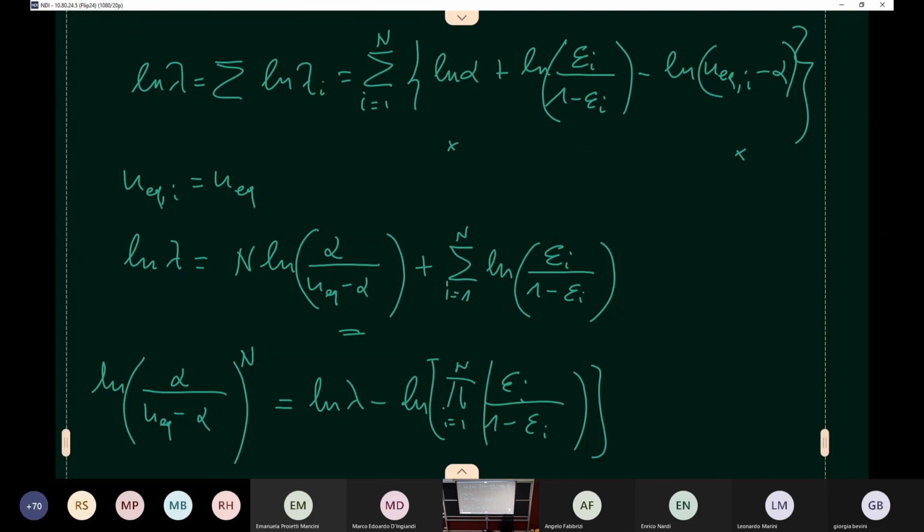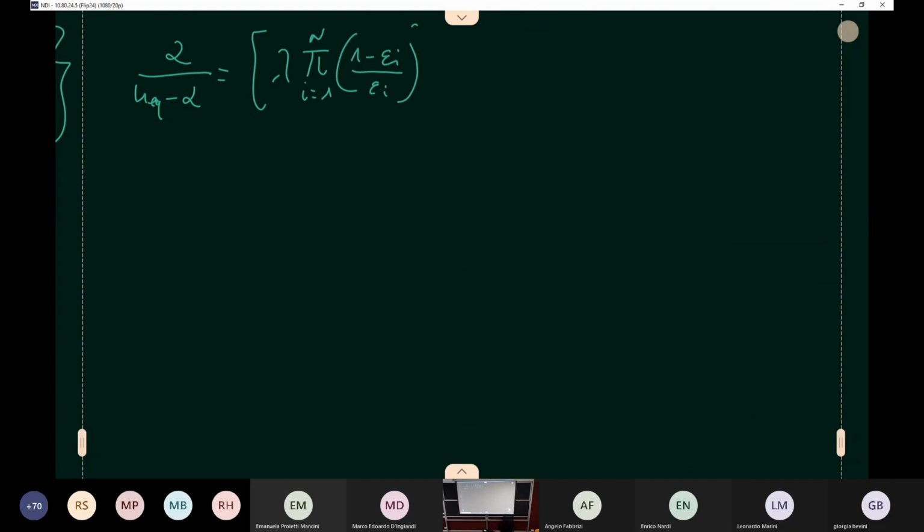And then I pass to the expression without logarithm, and this is lambda that divides this term, or that multiplies the inverse. And at the end we obtain this, which is 1 over n.